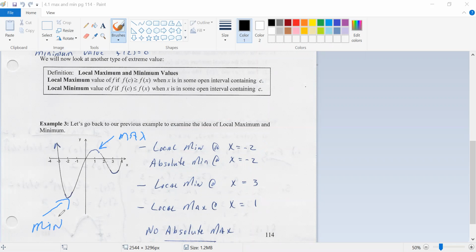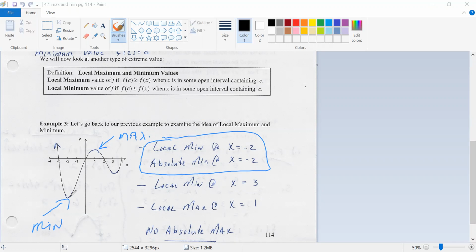But notice the two terms can be used simultaneously. So this value here for your minimum can be a local min, now notice the x value is -2. You can have a local minimum at -2 because you're really only talking about this vicinity here, maybe between -3 and -1, where the y value is locally at a minimum.